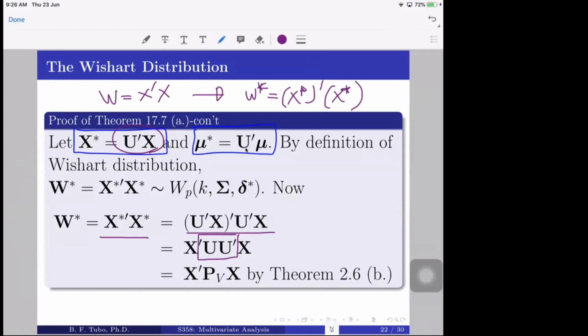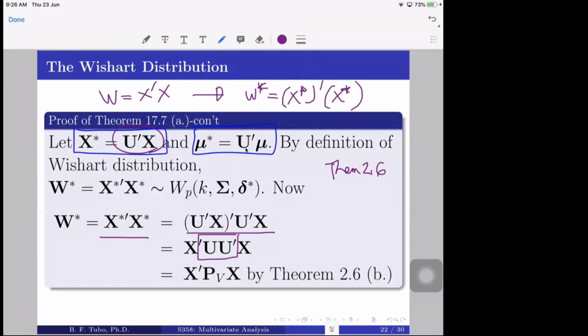Let's have theorem 2.6b. Okay, so if you recall, when X is an orthonormal basis, remember this, theorem 2.6.